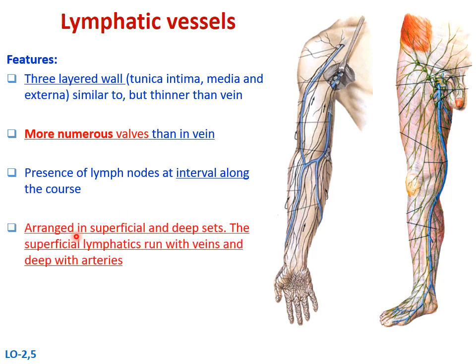Then these lymph vessels are arranged in superficial and deep sets. The superficial lymphatics run with the veins and the deep with the arteries. So he's talking about the lymphatic vessels, right? These vessels, the green color, are in two layers: one is the superficial layer and the other is the deep layer.